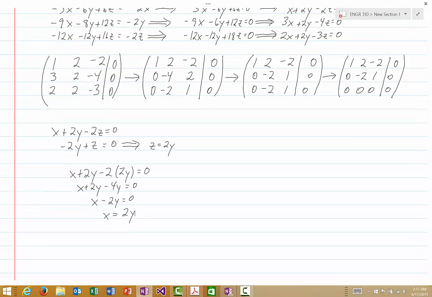And so finally, we conclude that x equals z equals 2y, and therefore a suitable choice for V1 would be 1 for y and 2 for both x and z.